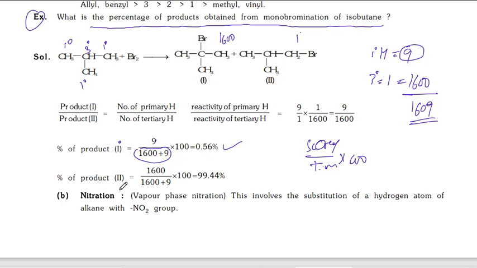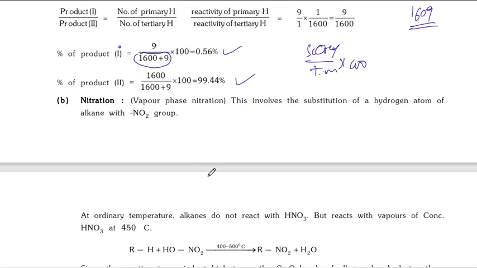The tertiary product formation is 1600 upon 1609 into 100, that is 99.4 percent. Okay. So like this you can do. So this is the major product, and this is the minor product. Like that, for chlorine also you can do the calculations.